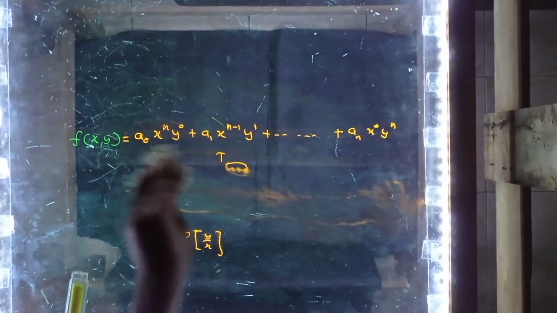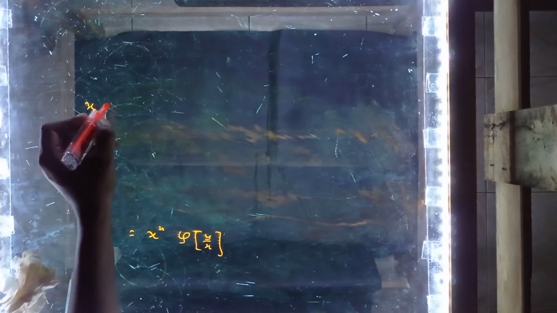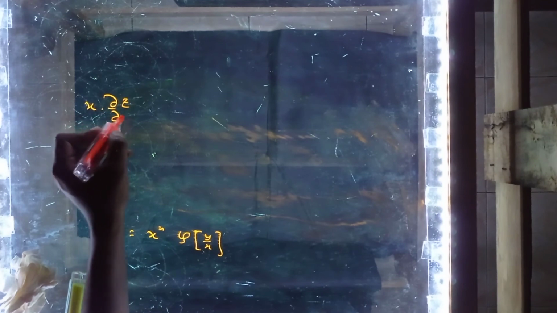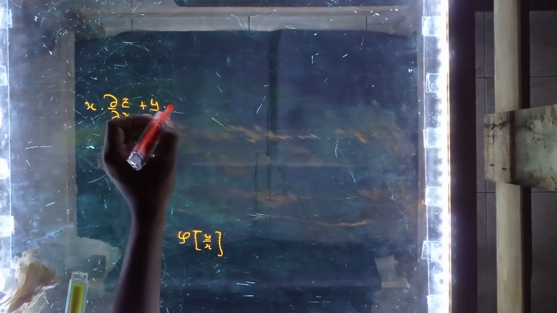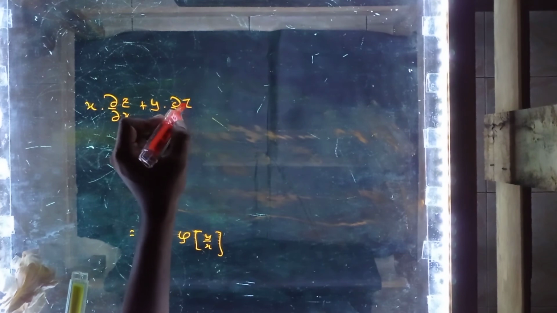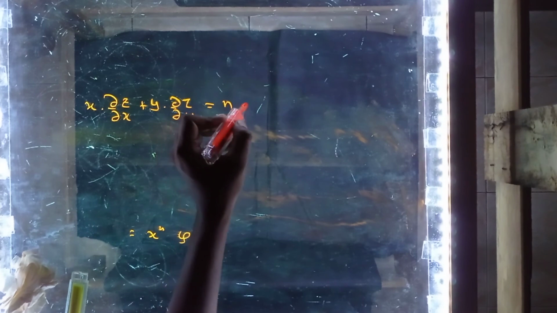I'm asking you to prove this at home: x times partial z by partial x plus y times partial z by partial y, where z is a homogeneous function of x and y of degree n, is equal to n times z. Show that this is equal to n times z.